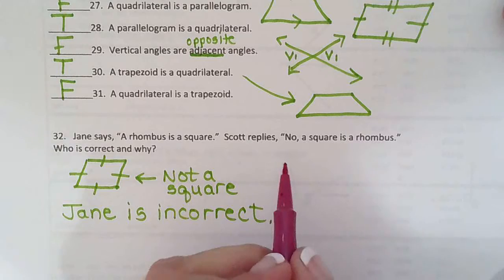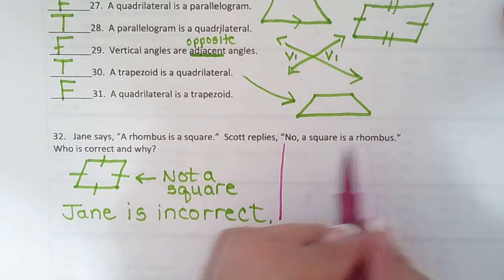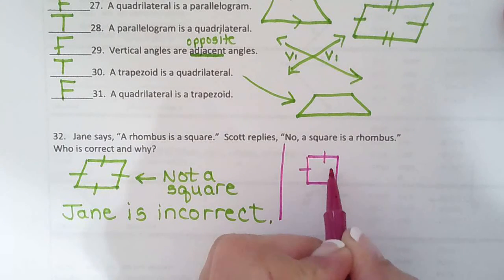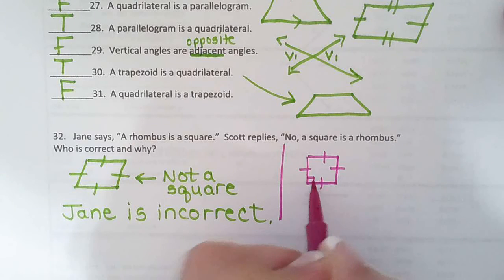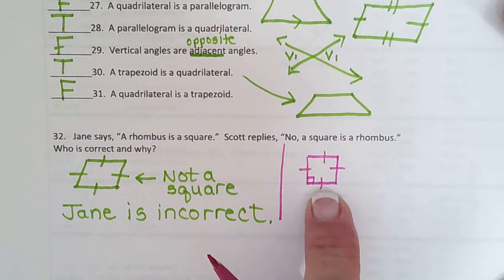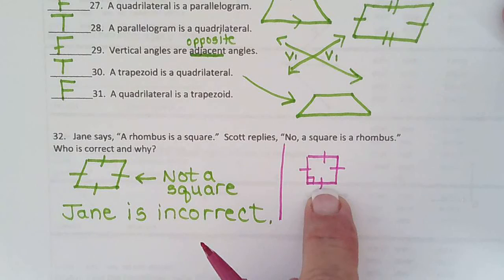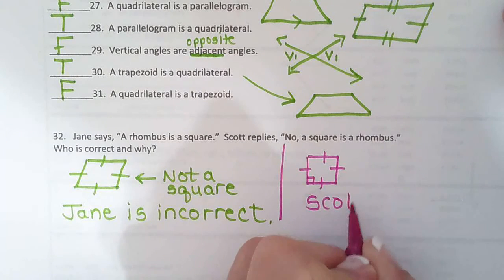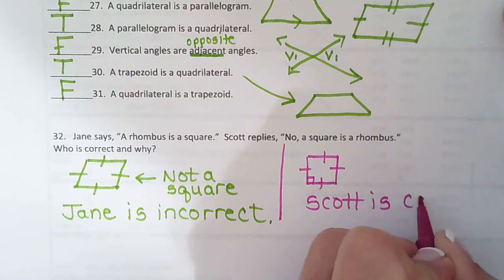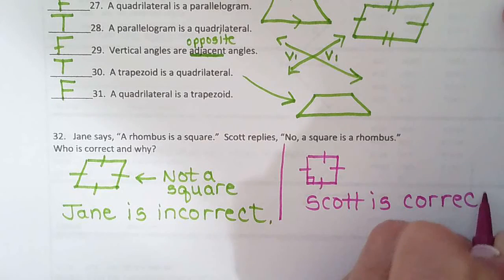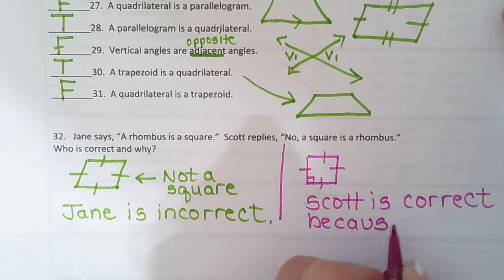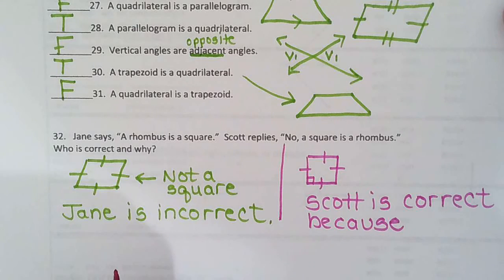Scott says a square is a rhombus. So here's a square. A rhombus requires four equal sides. Does that have four equal sides? Yes, it does. So that is a rhombus. So Scott is correct, because a square has four equal sides, which is what a rhombus requires.